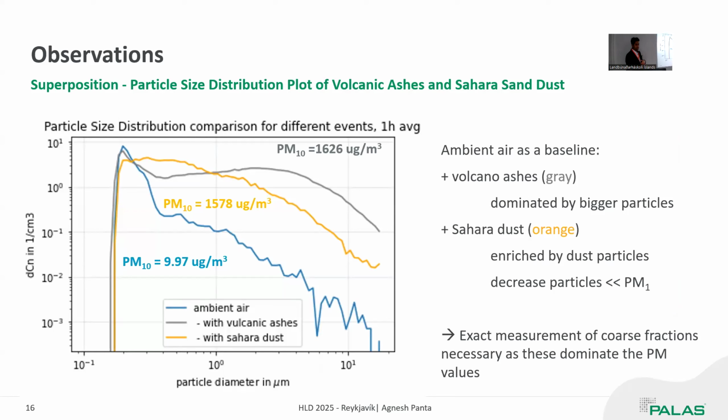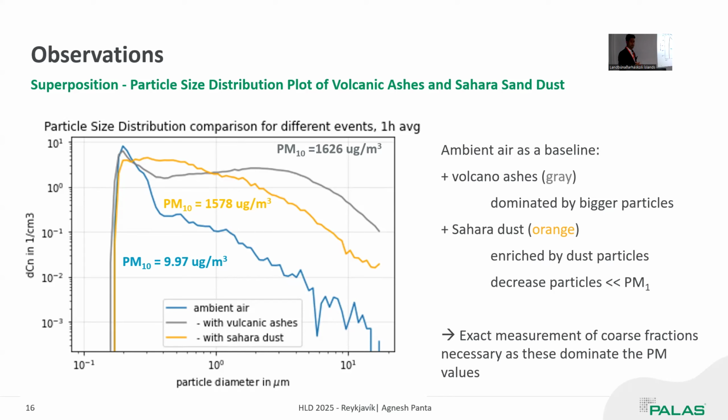so here you see in gray the size distribution of volcanic ash, which you clearly see is dominated by coarse particles. And with the orange, it's the Saharan dust. You see the PM values are relatively similar, but the amount of coarse particles with volcanic dust is much higher compared to PM10.